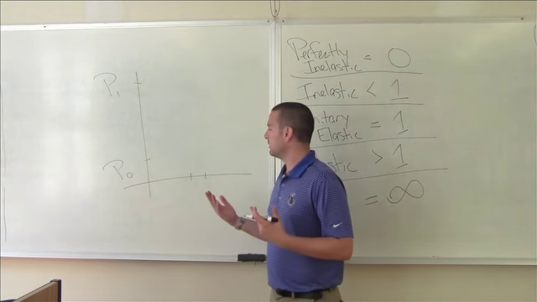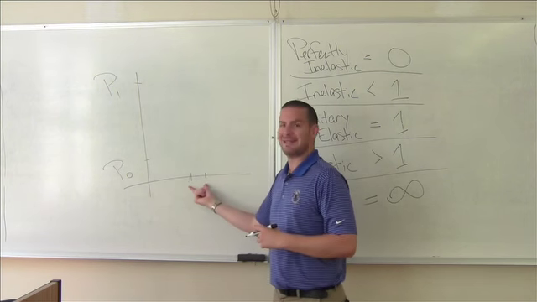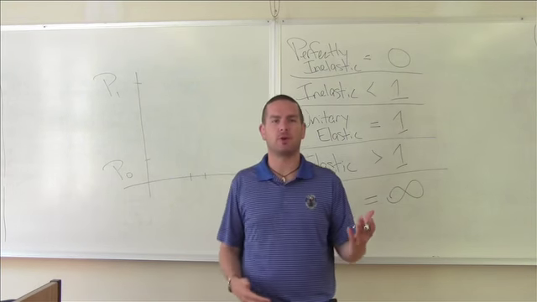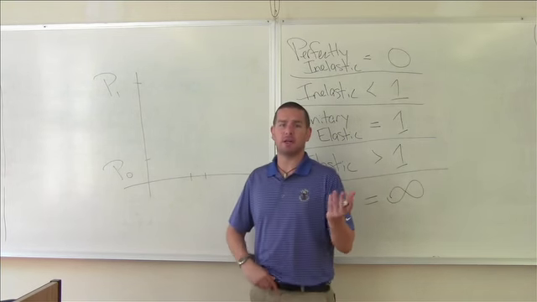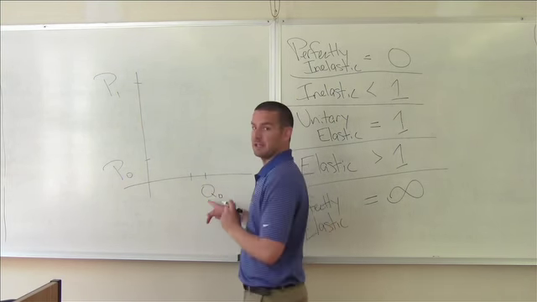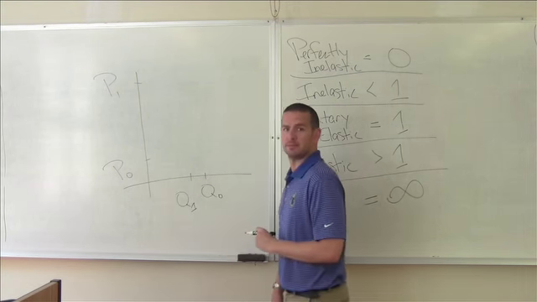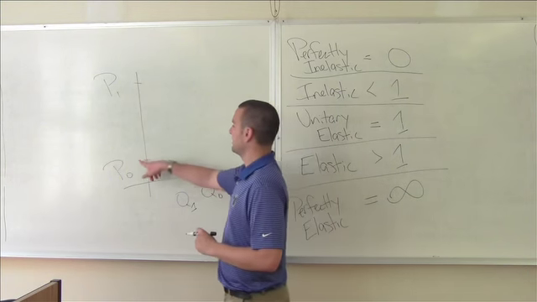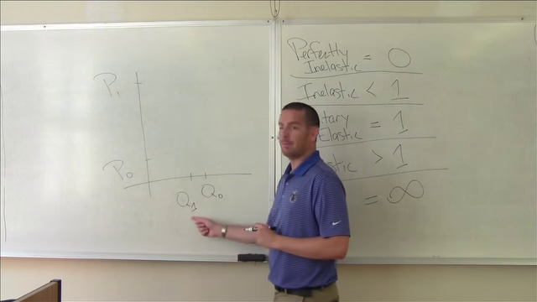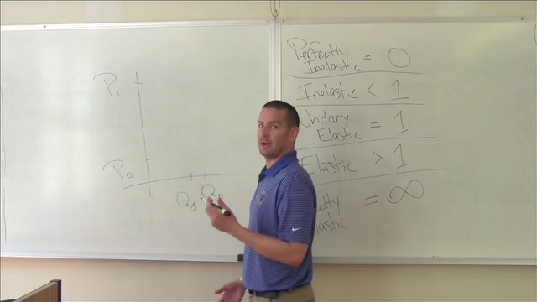So, despite the fact that the price went up a lot, the quantity only went down a little bit, right? Some people decided to take the bus, some people started carpooling, but for the most part, everyone just kept on driving. So here we also have Q0 and Q1. So despite the fact that there was a large increase in price, there was a small drop in quantity demanded.